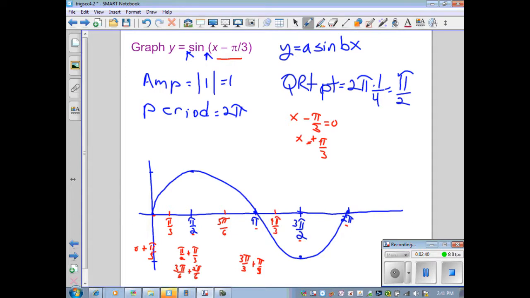And then 3 pi over 2, but with a common denominator of 6 is going to be 9 pi sixths plus 2 pi sixths, which gives me 11 pi sixths. And then for 2 pi, multiplying the top and bottom by 3 is going to give me 6 pi thirds plus pi thirds, and that will give me 7 pi thirds.